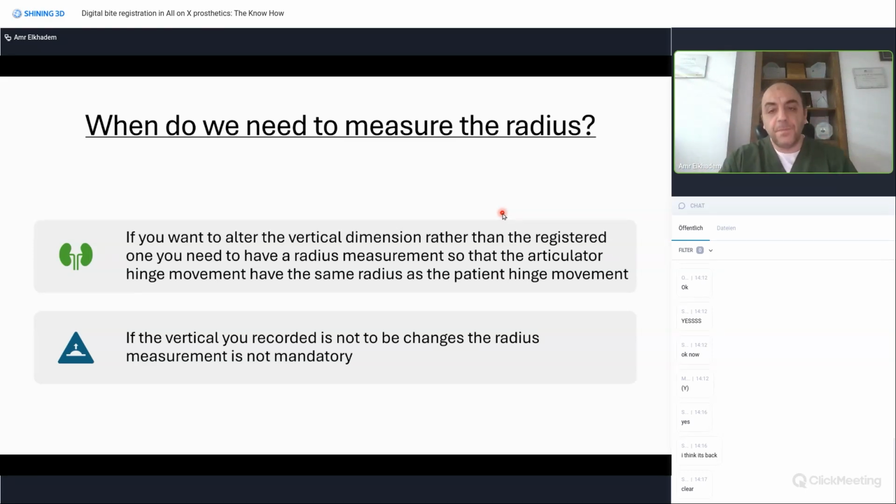You don't have to do it. But if you're doing a full mouth case and you're taking a vertical dimension and maybe later on you're going to increase it a little bit or decrease it a little bit, and you want to maintain the proper horizontal, mediolateral, and anteroposterior despite changing the vertical one, you have to measure the radius of the rotation.